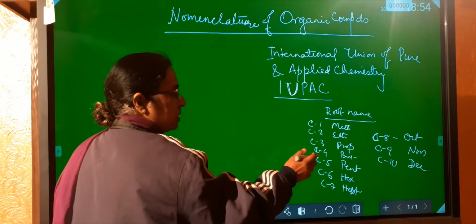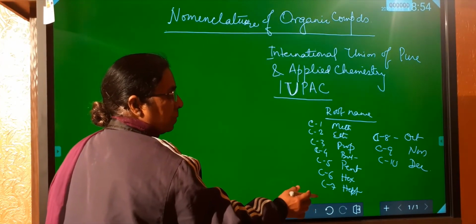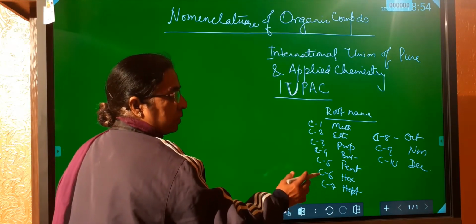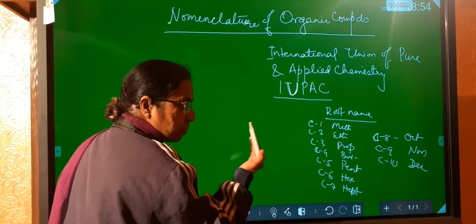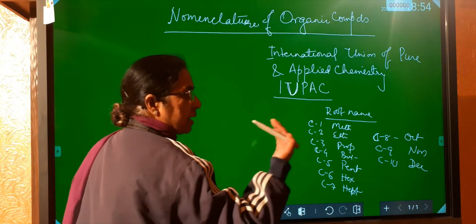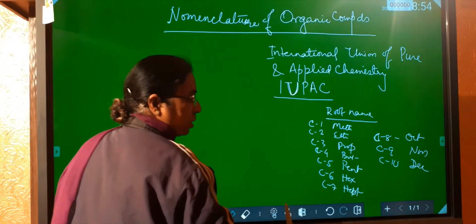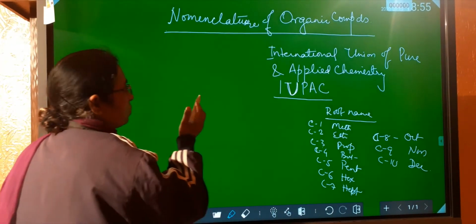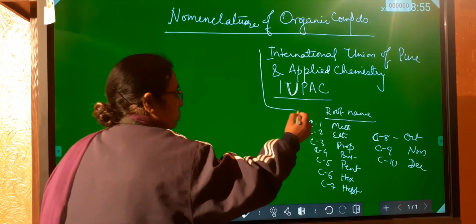Now after this root name, we will be attaching either a prefix according to the functional group, or a suffix according to the functional group. Now what all steps are we going to see?